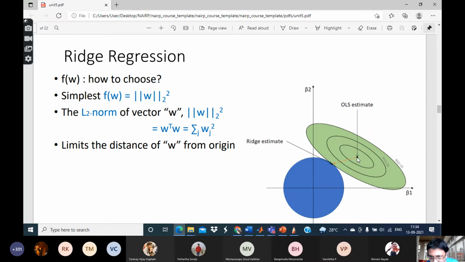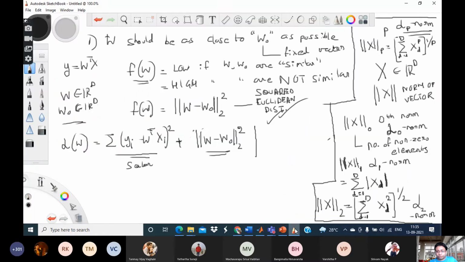Let us say that the W which I would have got by solving the linear regression problem, the ordinary least squares estimate which I just mentioned, is this particular dot. It would have given me the least possible value which I could have attained on that particular data set. But the W which I have got here may not necessarily be close to the W naught which I am looking for.